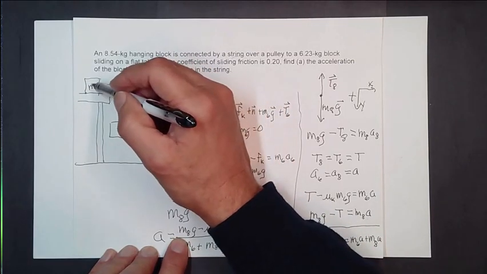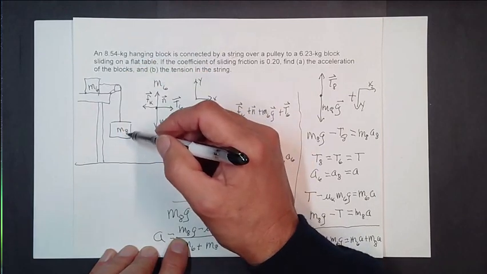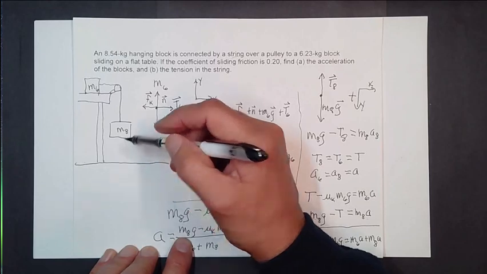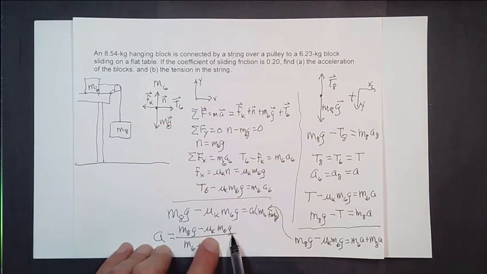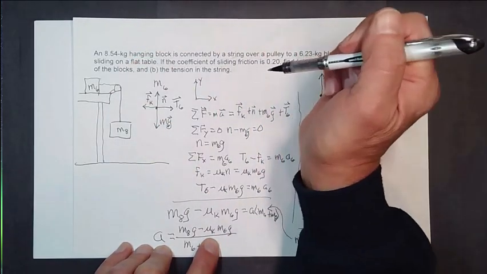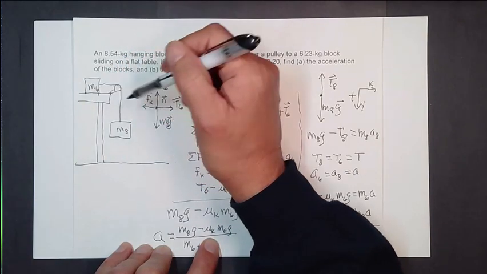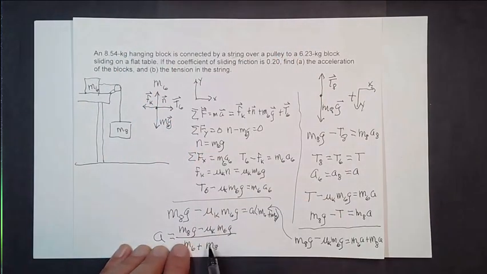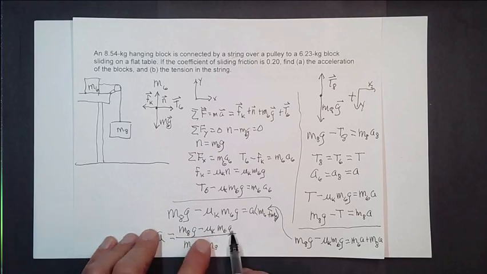The weight of this one's balanced by the tabletop, the normal force of the tabletop. But this one is the accelerating force, except it's having to work against this frictional force acting on the 6.23 kilogram block that's up here, and so it has to overcome that, and so the net force is the difference between those two forces, one that's working to accelerate and one that's saying put on the brakes.